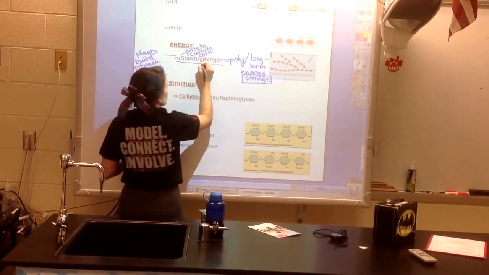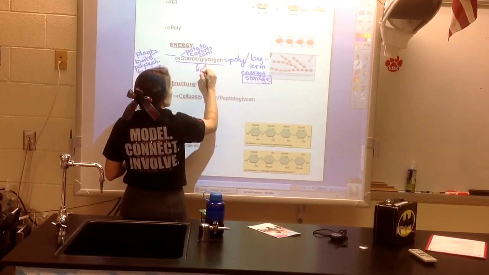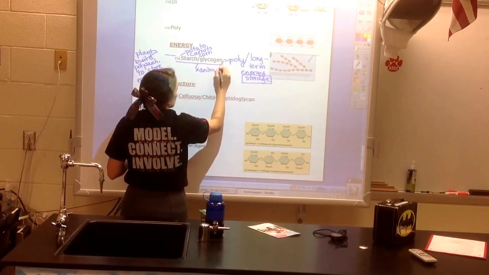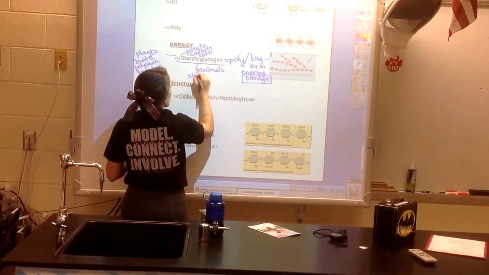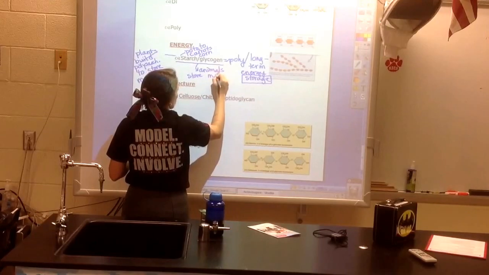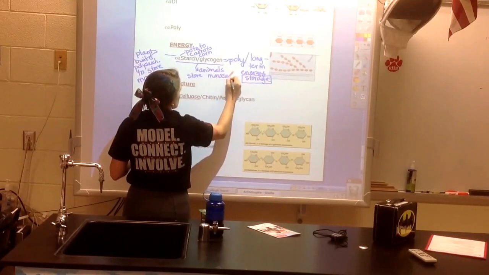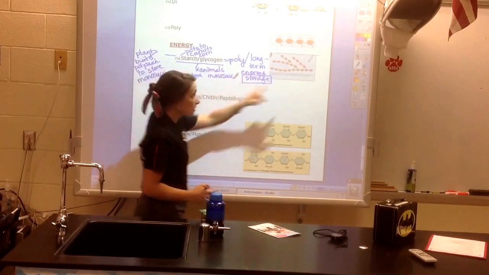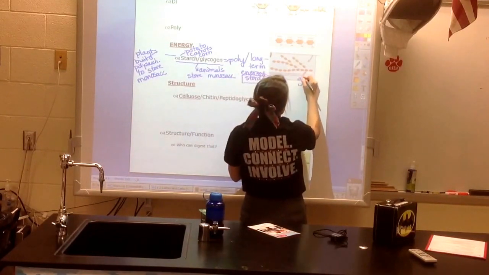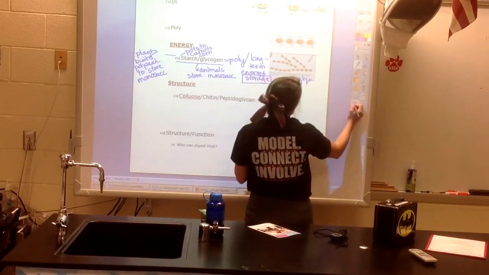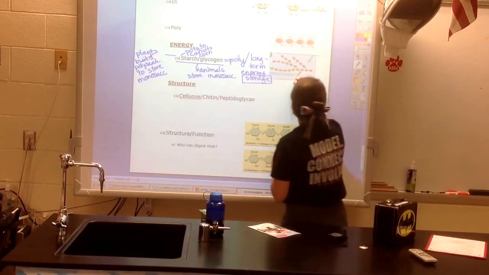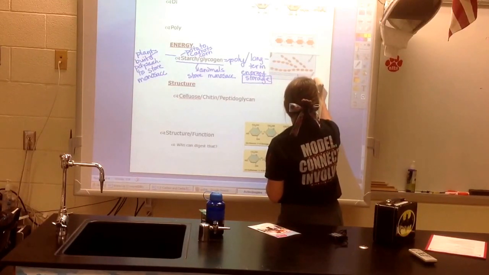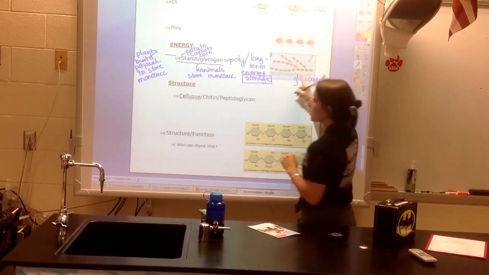Now glycogen is how animals store their monosaccharides. And this is glycogen. Glycogen is branched.